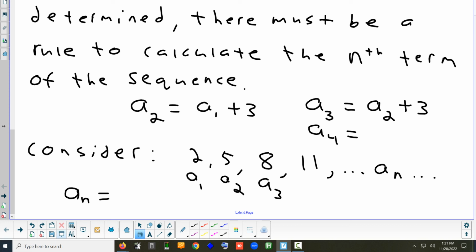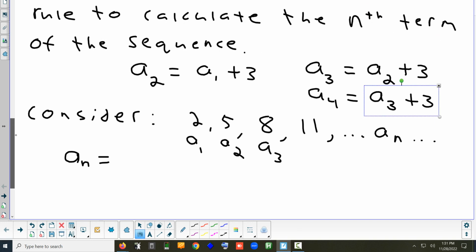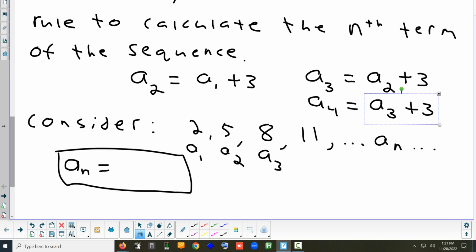So this one would be a sub 3 plus 3. To get the fourth term, take the third one and add 3. So the rule is you take the one before it and add 3. So now, let's see if we can do it right here. A sub n. What do you think the one is before a sub n?